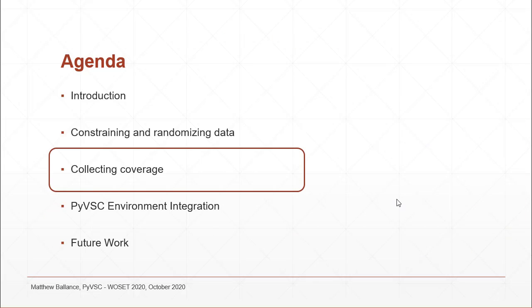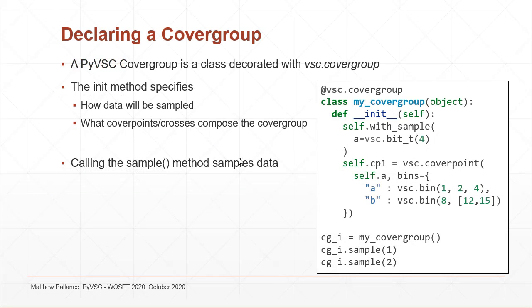All right, let's talk about how we capture functional coverage using the PyVSC library. A cover group with the PyVSC library is described in much the same way that a randomized class is, in this case with a cover group decorator.